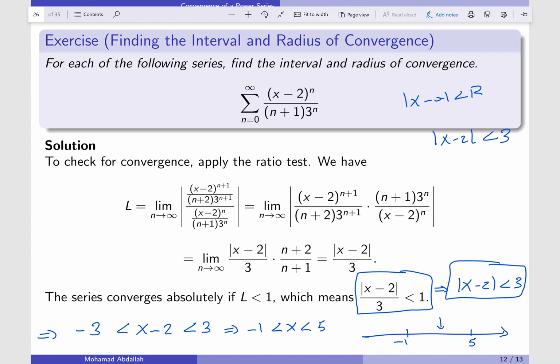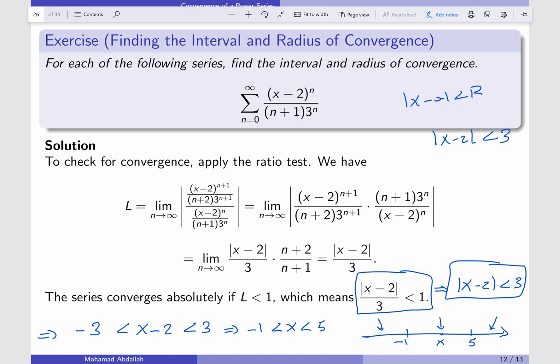So any x I choose between minus 1 and 5, this is very important, is going to lead to a limit less than 1, which is very good. Any x I choose over here or over here, bigger than 5 or less than -1, is going to lead to a limit bigger than 1.